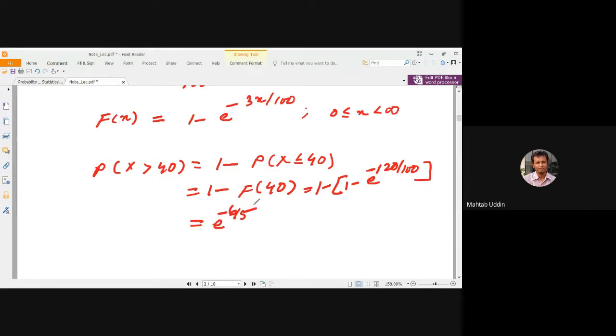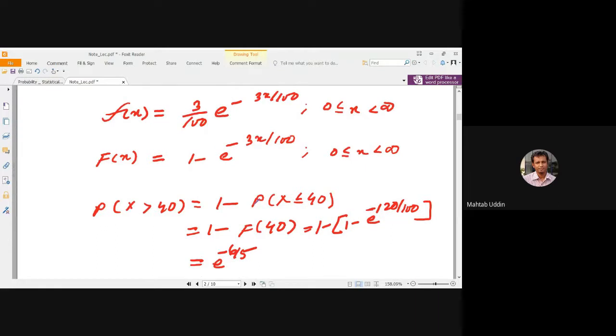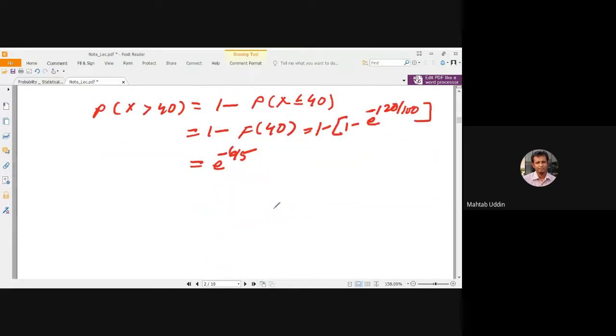That is the part we answered from the question, but sometimes we also ask you to find something more, like the moment generating function. What is the moment generating function? 1 by (1 minus theta t). Theta is 100 by 3. So 1 by (1 minus 100t by 3). After simplification, if we multiply both parts by 3, we get 3 by (3 minus 100t).